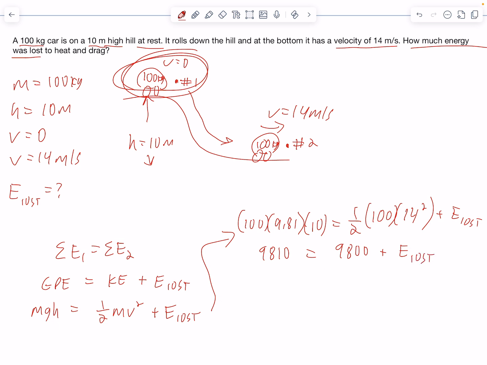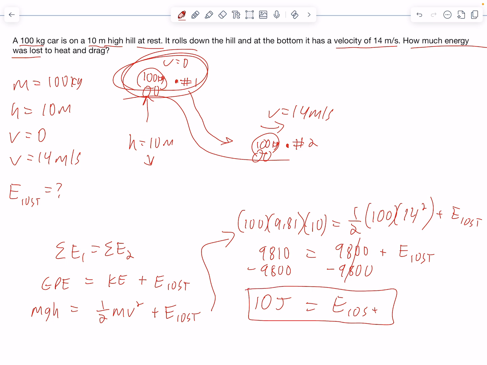Okay, I'm going to solve for energy lost. And I have energy lost is 10 joules. All right, so we had 10 joules lost. That was lost to heat and drag is what it said up here. Friction and air resistance are causing energy loss.